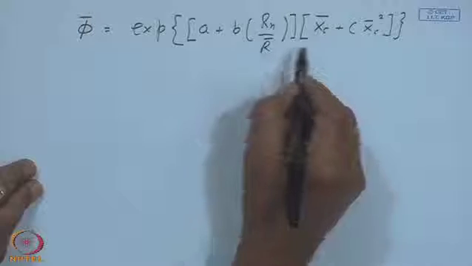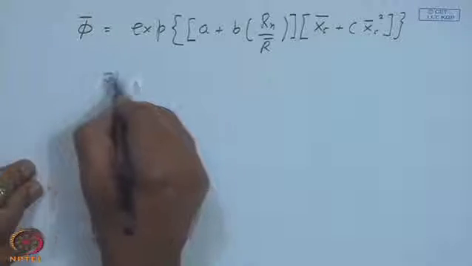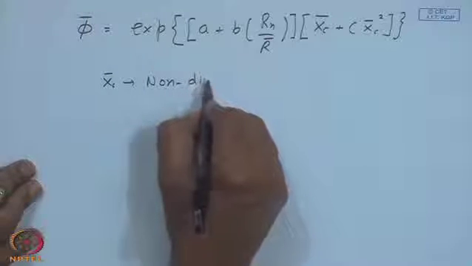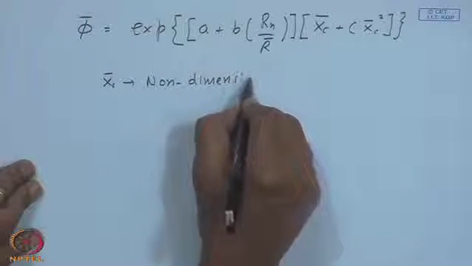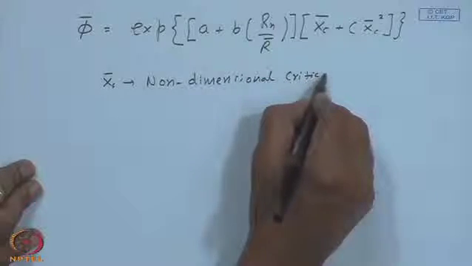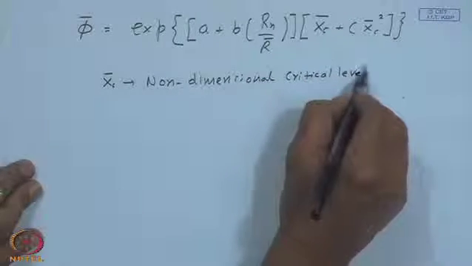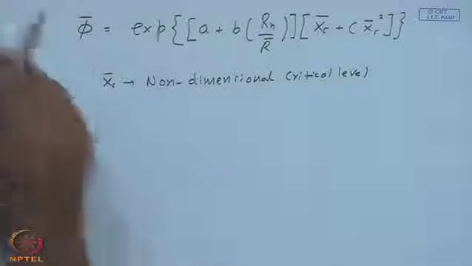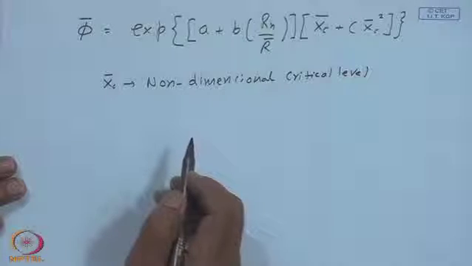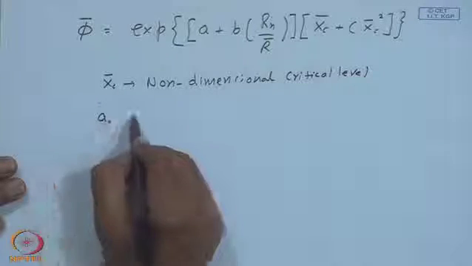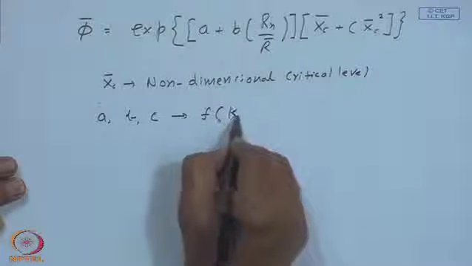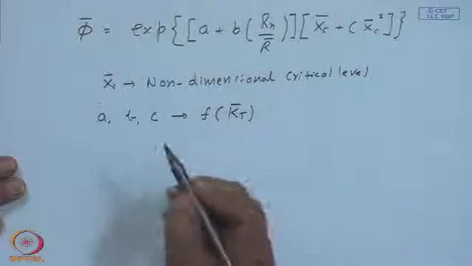So, this is the non-dimensional critical level, xc bar is the non-dimensional critical level, and A, B and C are constants, which are functions of the monthly average daily clearness index kT bar.